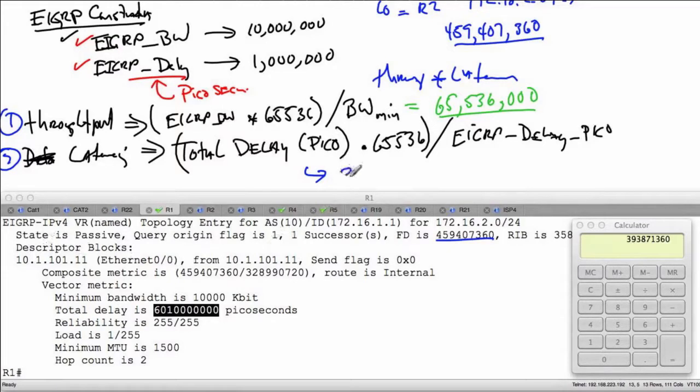So let's see what happens now. I've got 393,871,360. Okay, this looks closer to the mark.